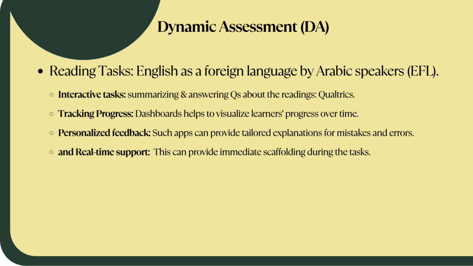Students can see how their reading speed increased, let's say from 80 to 100 words per minute and so on. This can be presented through visual representations, which can give students motivation and help them identify their weaknesses so they can work on them more.